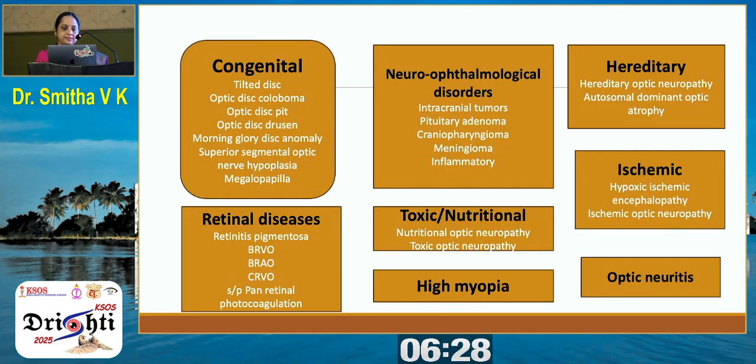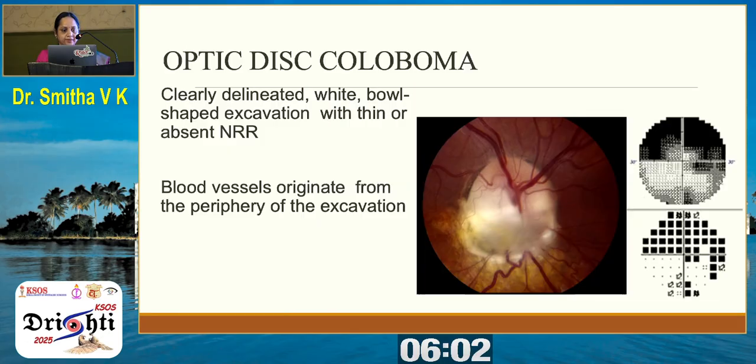The conditions that can mimic glaucomatous disc cupping are congenital conditions like tilted disc, optic disc pit, optic disc coloboma, morning glory anomaly, neuro-ophthalmological disorders like intracranial tumors, hereditary optic neuropathy, ischemic optic neuropathy, toxic nutritional optic neuropathy, high myopia, optic neuritis, and retinal diseases like RP, BRVO, CRVO, etc.